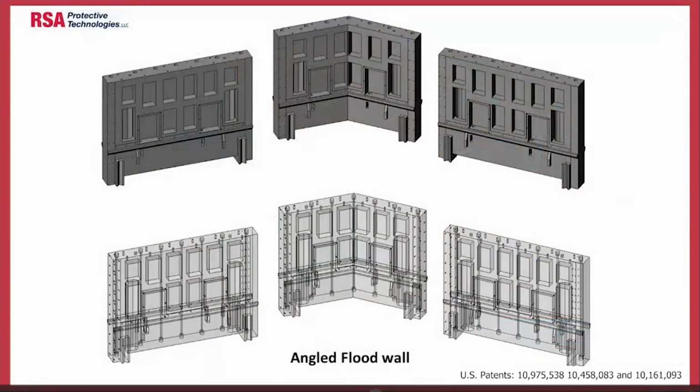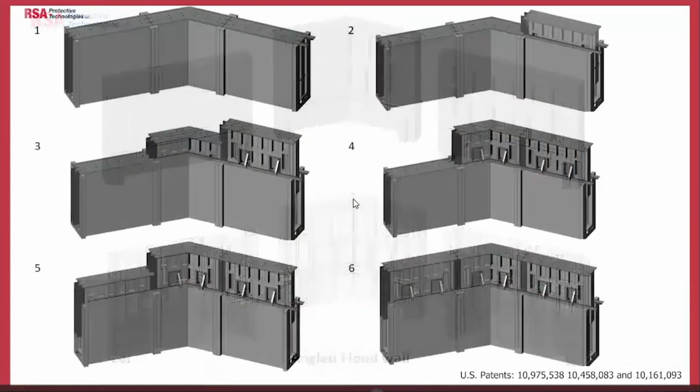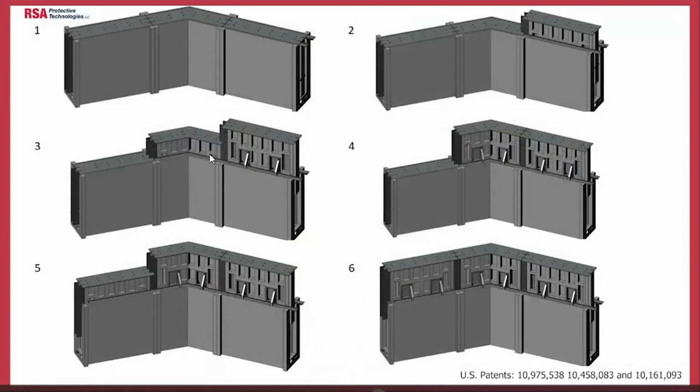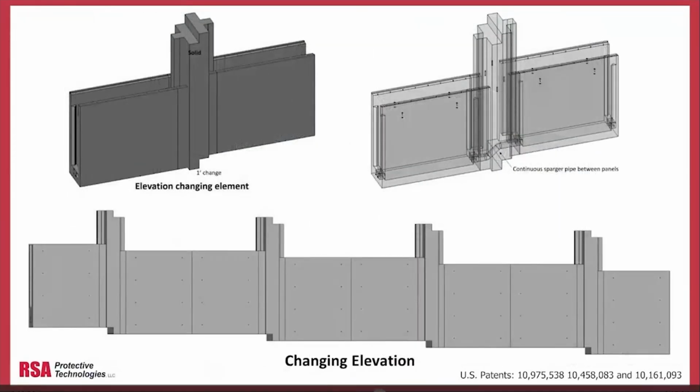Here's some variations on the flood wall system. We can obviously go around a shallow angle by creating a special wall that would work around that area. Here's showing this angled wall.